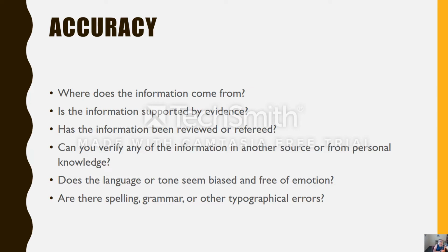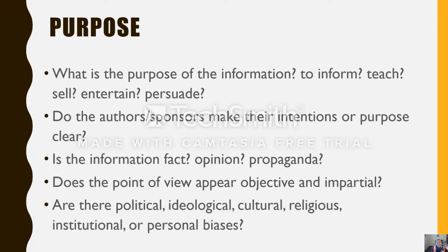Does the language seem biased? Is it very, very emotional? Another big hint is if there are spelling, grammatical, or other typographical errors. So if Joe's blog's on chickens and Joe doesn't know how to spell chickens, again, he's probably not the most credible source that you want to use for your paper on chickens.